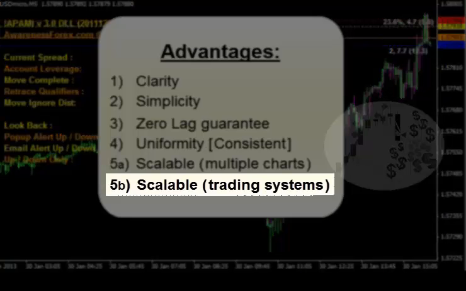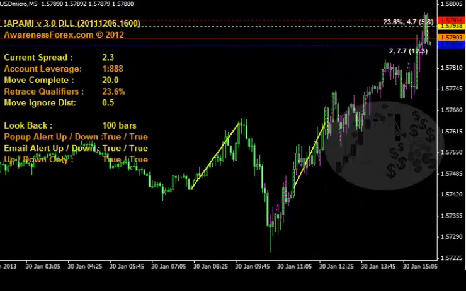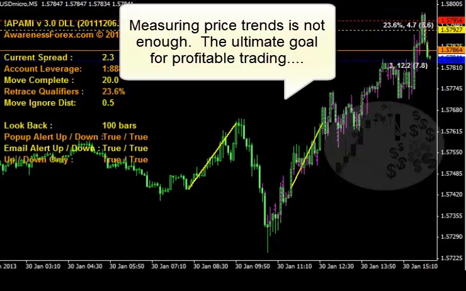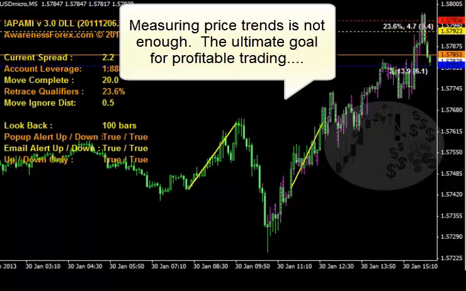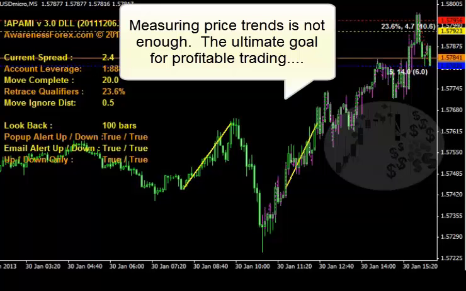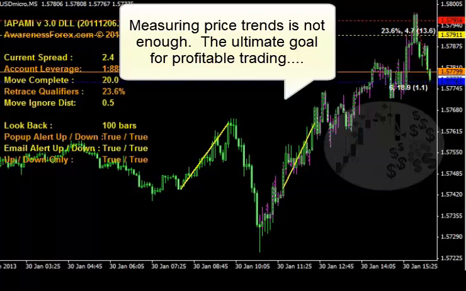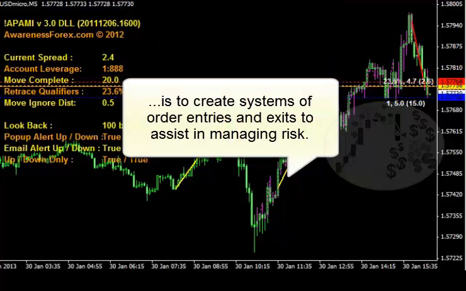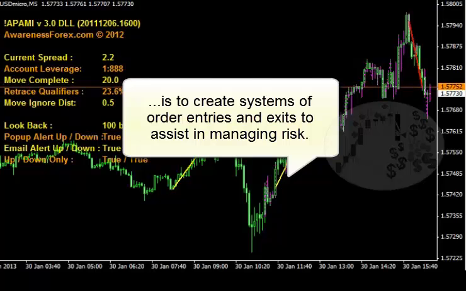And the final advantage that we will talk about today is scalability in building trading systems. With a uniform method to measure price trends, the next logical step would be to create a system of entries and exits. I mean, it's one thing to be able to measure price trends, but it's a whole other thing when you can take those price trends now and turn it into a complete system where you can potentially make profits over and over again.